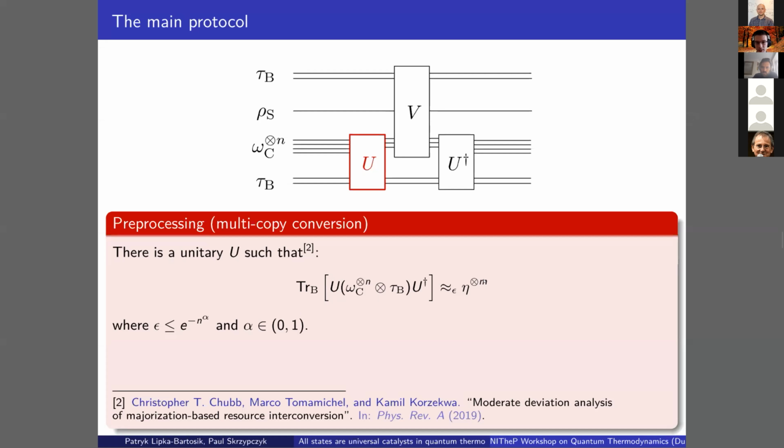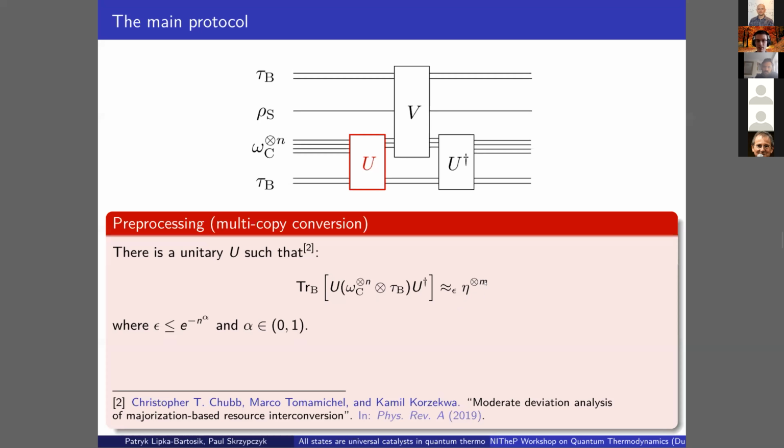So n is the number of copies that you have, but if you want to specify the number of output copies of your state, m, then this m is given by some rate function times n. So essentially, the more resourceful state you use, or the more energetic state you use, the larger m can be.